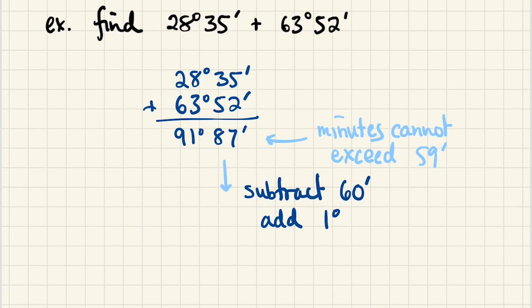This will have no effect on the actual value of the number. Adding 1 degree, we go from 91 to 92 degrees, and subtracting 60 minutes puts us down to 27 minutes from 87. And that's formatted correctly. So we're done.